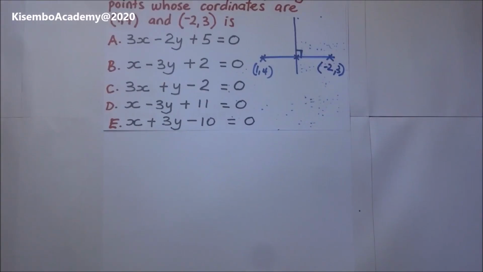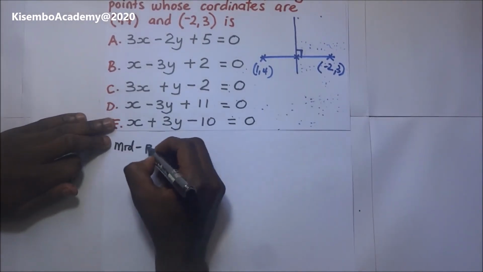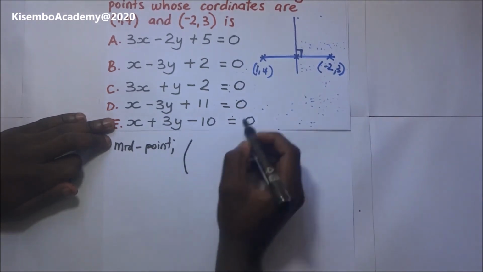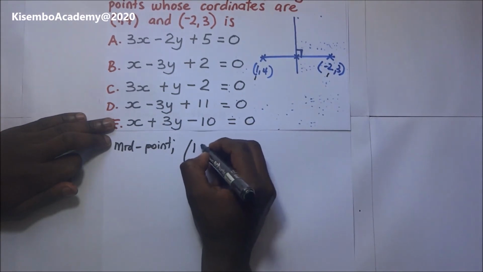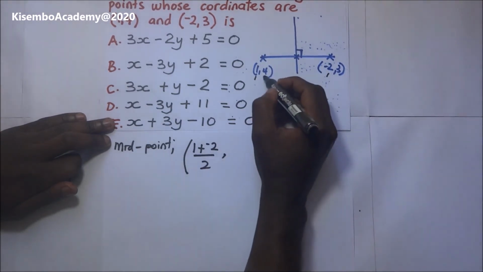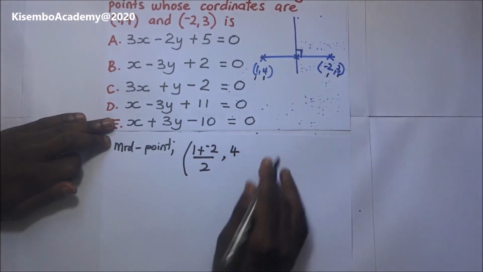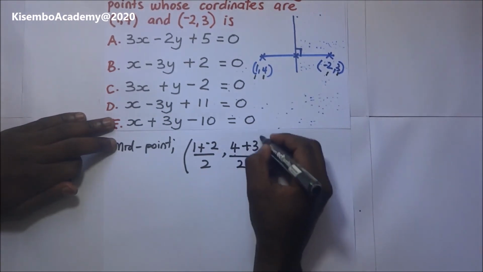So to start it off, let's first find the midpoint of this line. The midpoint is going to be x1 plus x2 divided by 2, so 1 plus -2 divided by 2, comma, then y1 plus y2 divided by 2. So y1 is 4 plus 3, divided by 2.